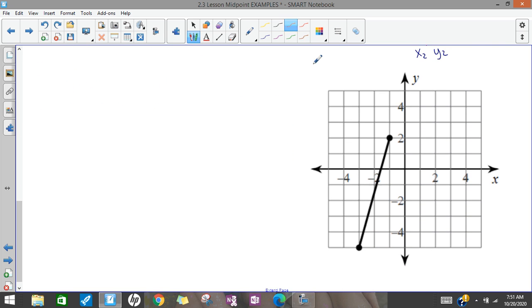We'll do one more. So the coordinates here are -1, 2, and -3, -5. So there's my x and my y, my x and my y. And again, midpoint says average the x's, average the y's.